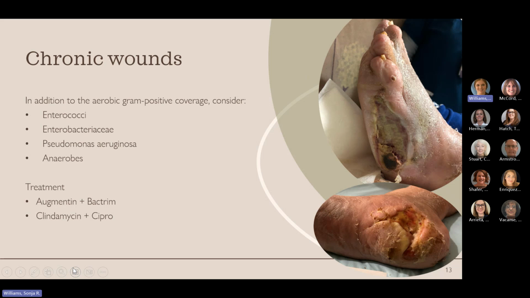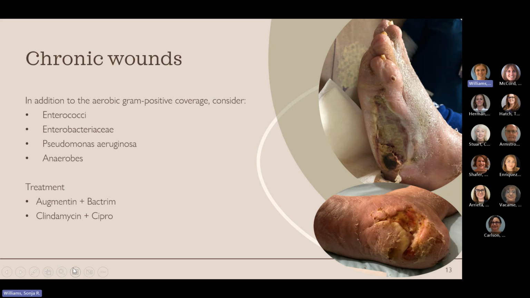But the bacteria that we're really targeting, because this is a chronic wound, their flora is much different than these superficial wounds. They tend to also be colonized with enterococci and Pseudomonas, as well as anaerobic bacteria.